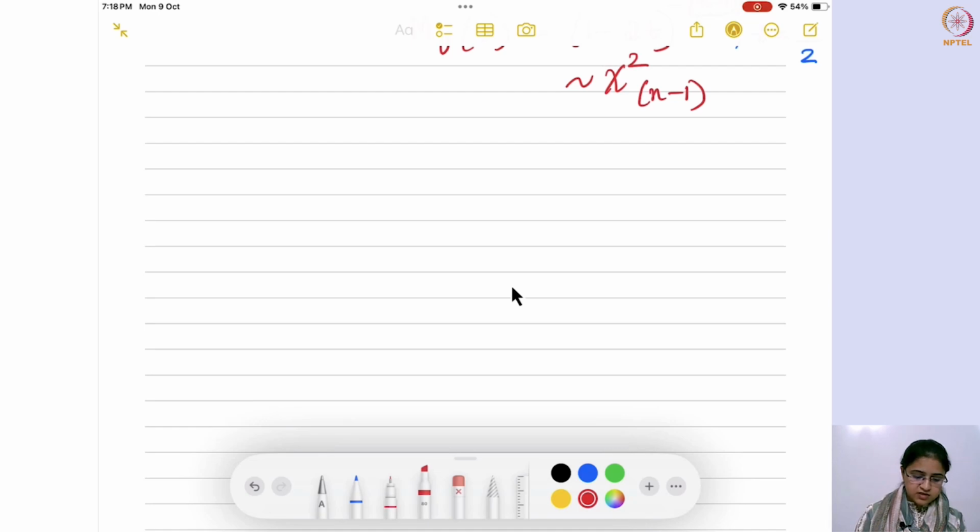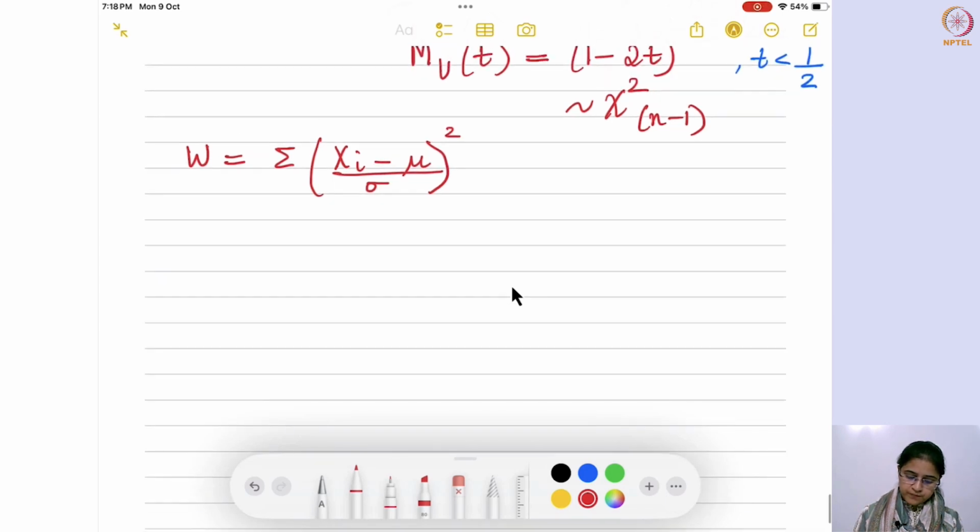So let us first of all define W over here as summation of xi minus mu by sigma whole square, i from 1 to n.